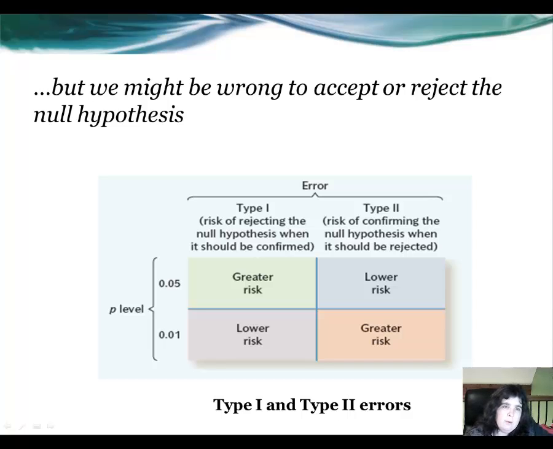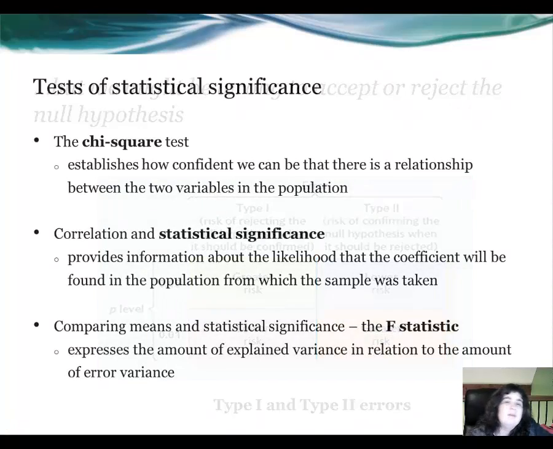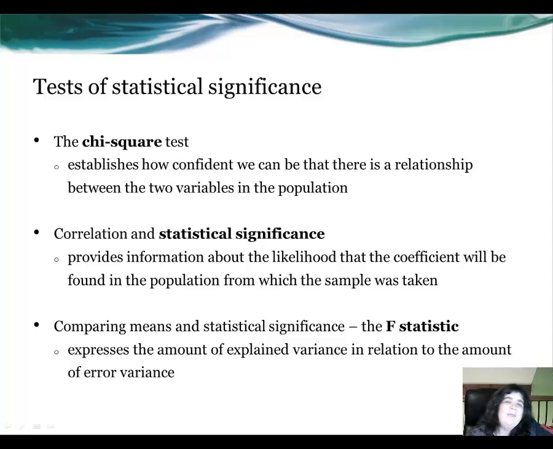What, though, are the tests of significance that we might use? One commonly used in statistical analysis is the chi-square test. This is used to explain the confidence that we have that there is a relationship between 2 variables in the population. The significance of a correlation provides information about the likelihood that the coefficient will be found in the population from which the sample was taken.